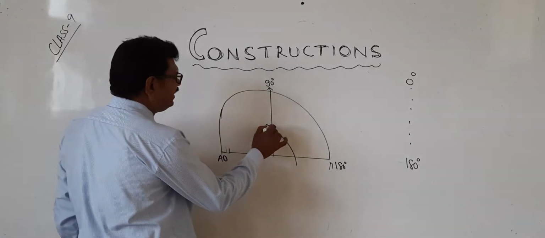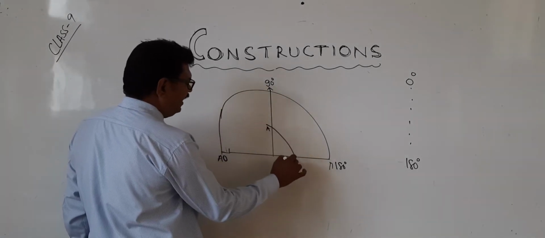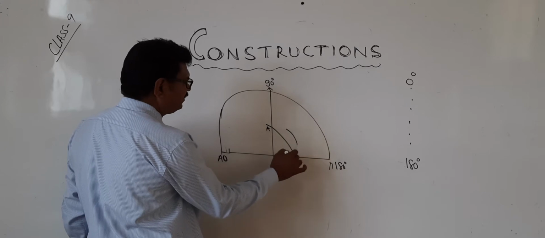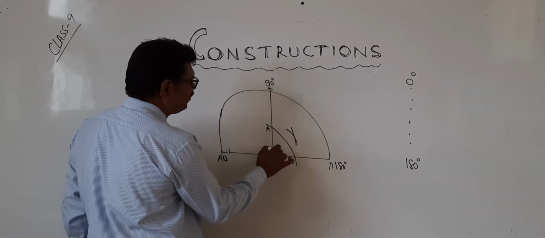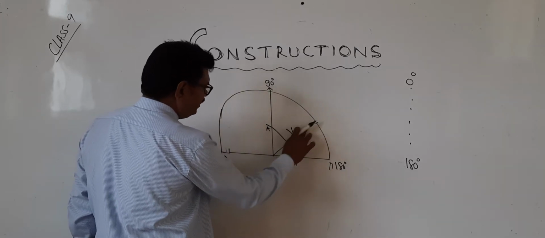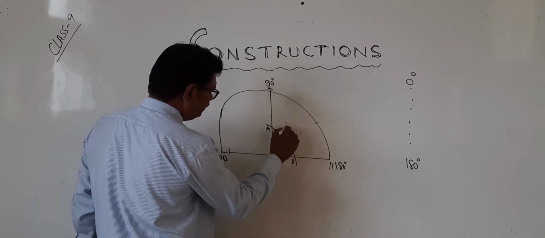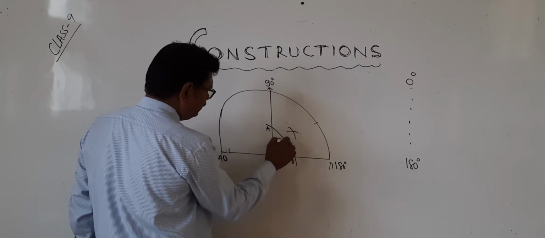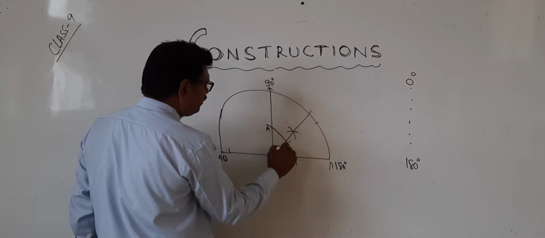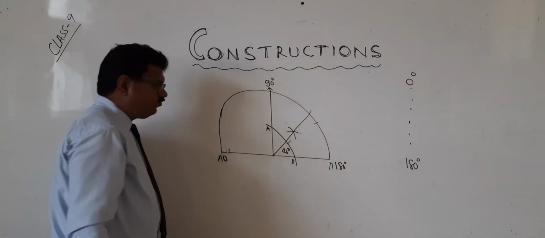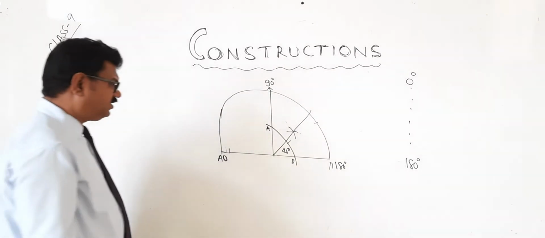Take the same end, for example, A and B, like this, and from here also like this. Therefore, how many degrees? It is 45 degrees.